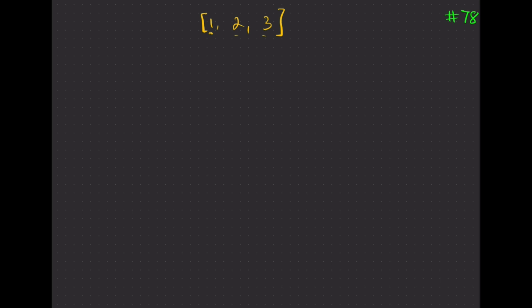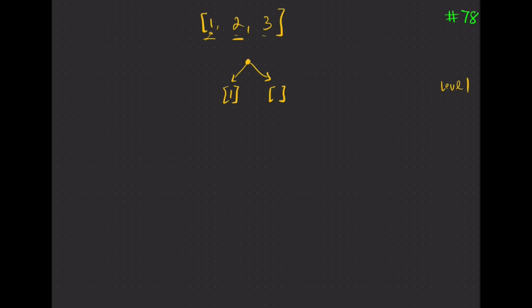So let me draw out the backtracking graph here. Let's start with the node up top. At this point, we have a choice to add 1, or we have a choice to keep it empty, right? At this point, we have not reached here, so we're dealing with only 1. So this is level 1.